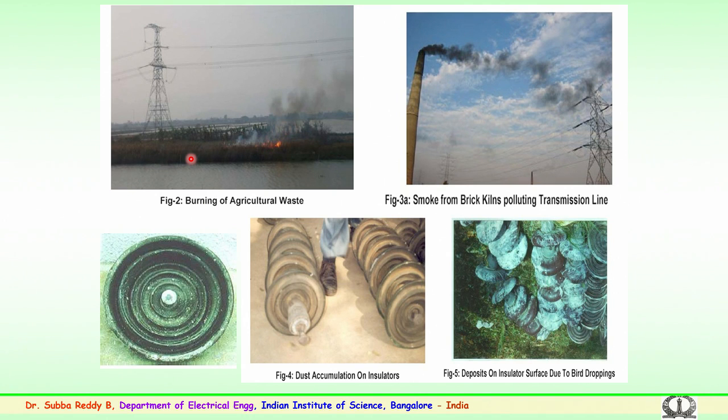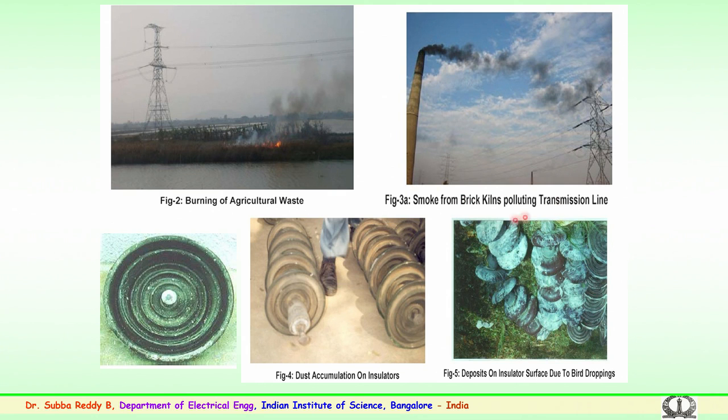After the crop is completed, they try to burn the remains, which causes a lot of dust and a lot of contaminants that go and settle on the insulator surface over a period of time. They become hardened on the surface, and during the monsoon conditions the surface becomes wet and likely to flash over.